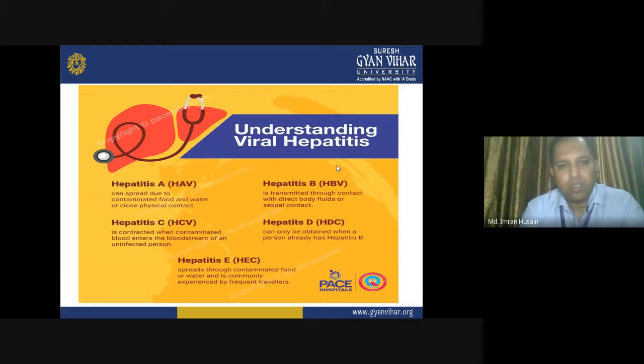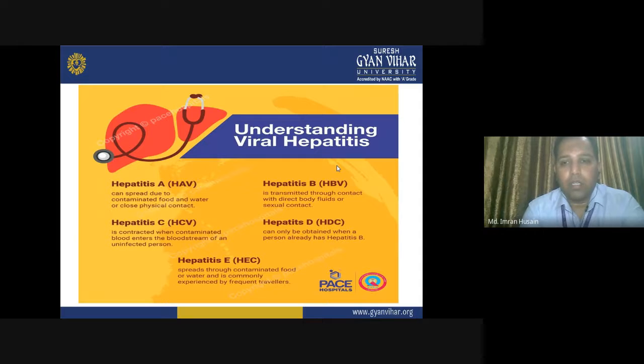So here the picture explains everything in short. Let's go through it. Hepatitis A, also known as HAV, can spread due to contaminated food and water or close physical contact with an individual who is already infected. Hepatitis B is transmitted through contact with body fluids or sexual contact. Hepatitis C, HCV, that is the name of the virus, is contracted with contaminated blood that enters the bloodstream of an uninfected person.